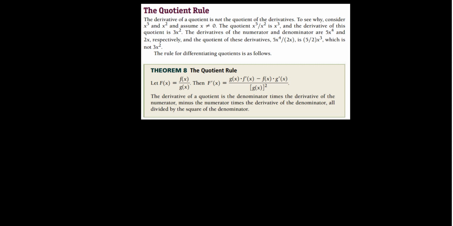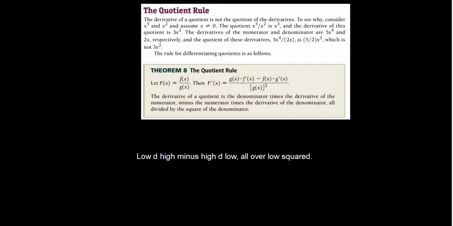Let's put this all over here. Low d high minus high d low all over low squared.